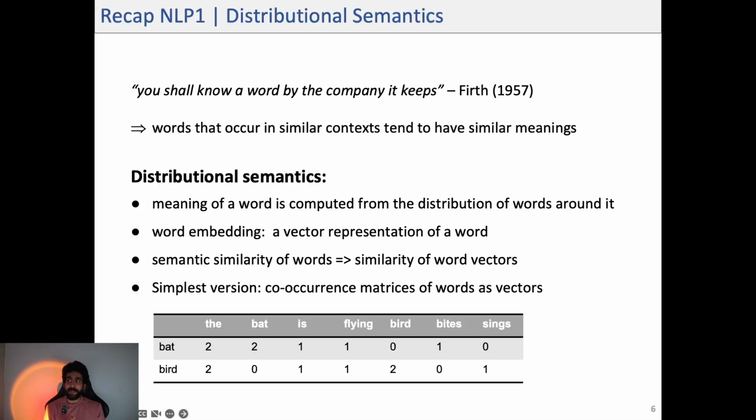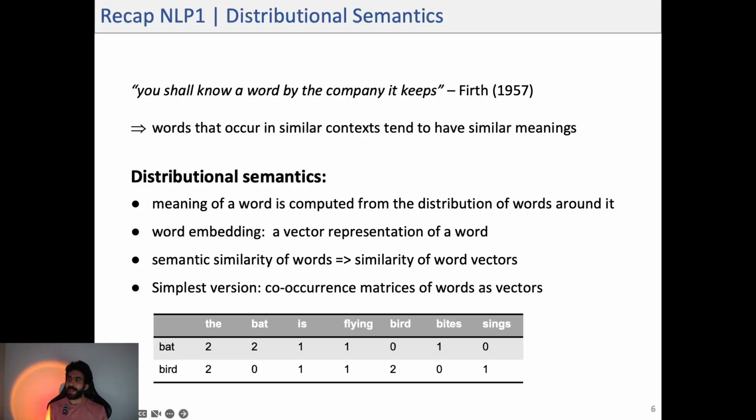Now, let's look at something that is both powerful and intuitive, distributional semantics. There's a famous quote from Firth, a linguist in the 1950s. He said, "You shall know a word by the company it keeps." In other words, if two words show up in similar contexts, they probably mean something similar.